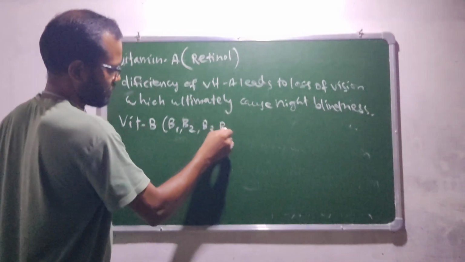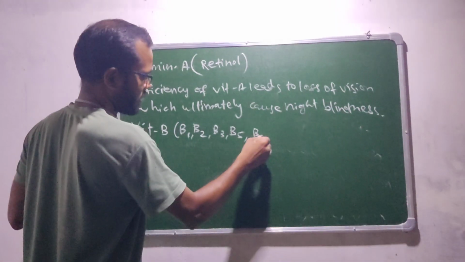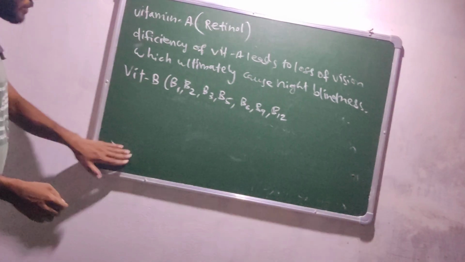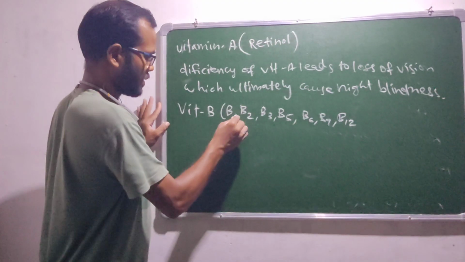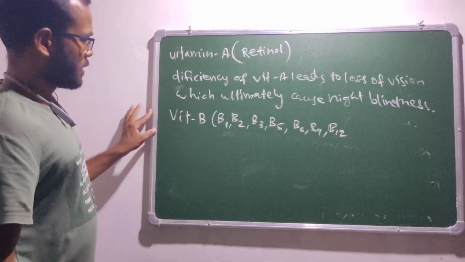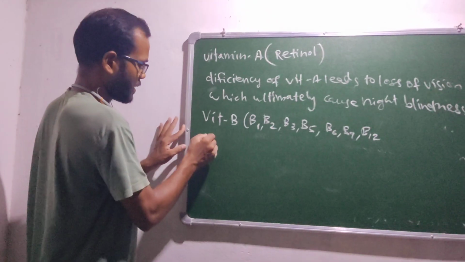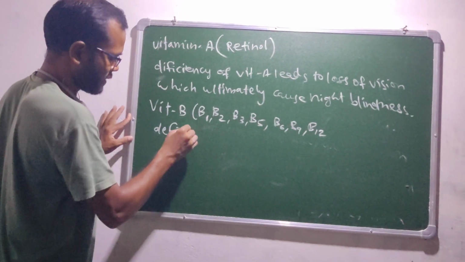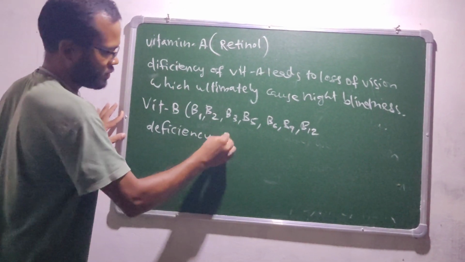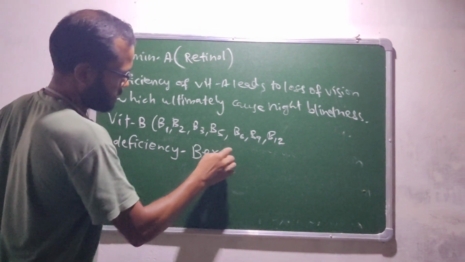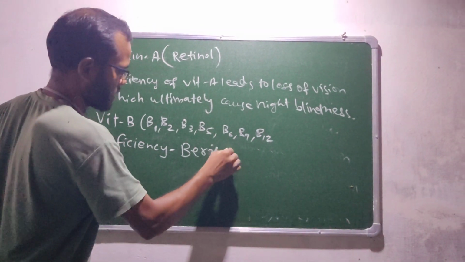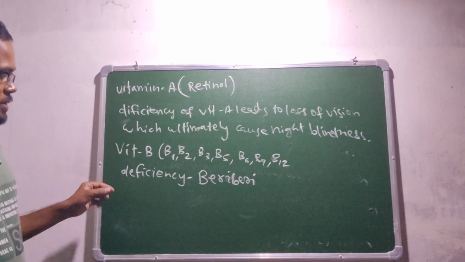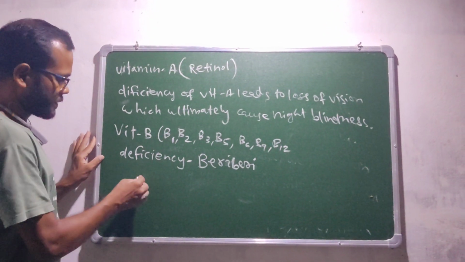B3, B5, B6, B9, B12. Vitamin B1 is also known as thiamine, and deficiency of vitamin B1 leads to the disease beriberi.